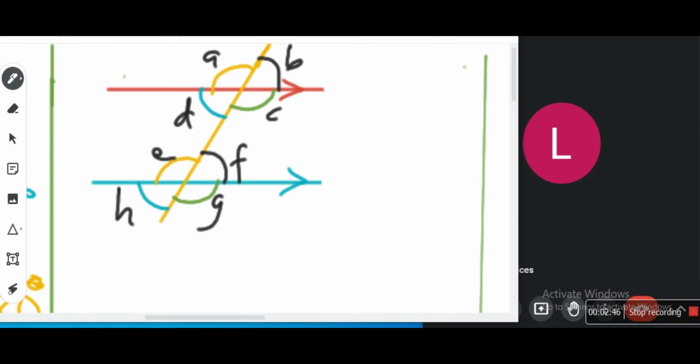So A is equal to, if I pick A, you pick E from your own. A is equal to E, then B is equal to F. See the top on this side, the top on this side, so B is equal to F.